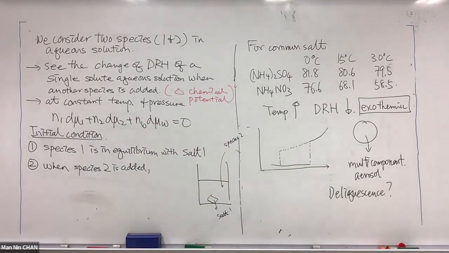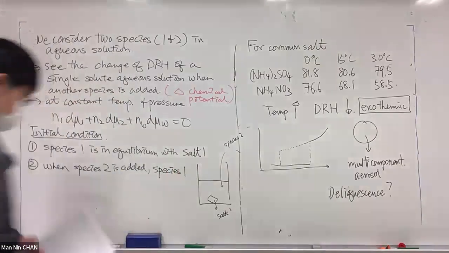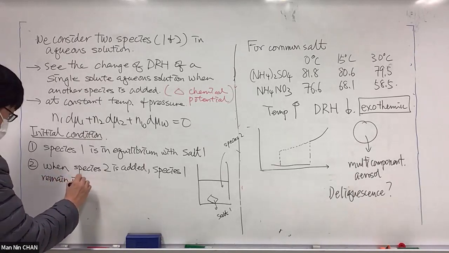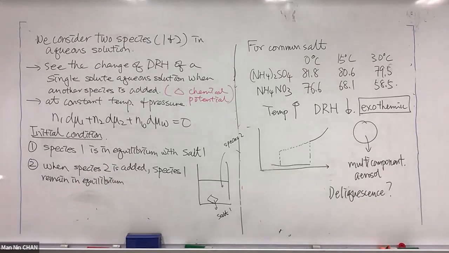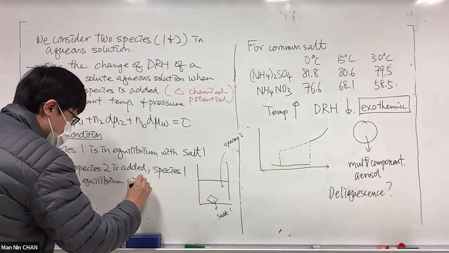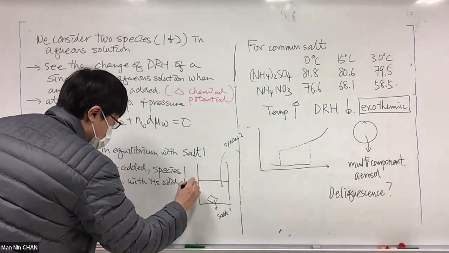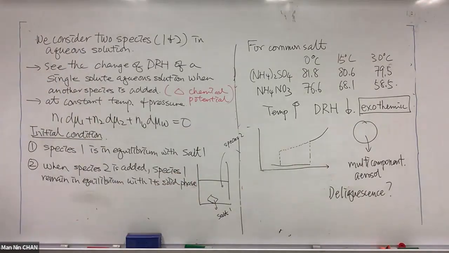Therefore, your species 1 still remains in equilibrium with this solid phase. Basically, you still see the solid of the species 1. So if I just add some species 2, you still reach equilibrium.